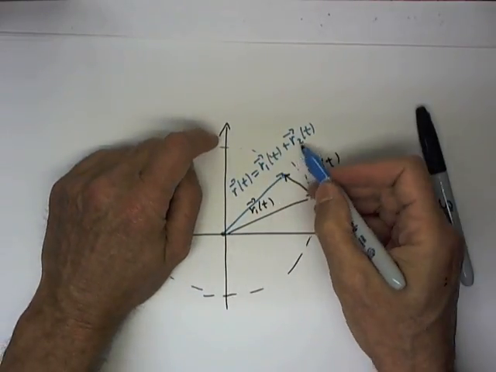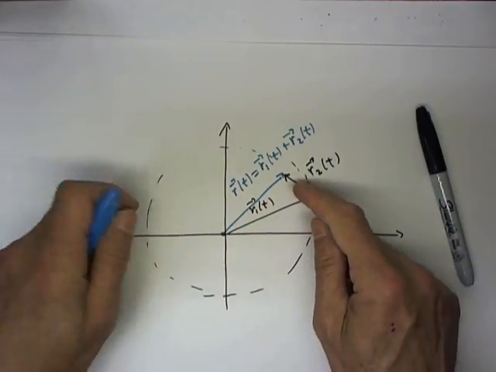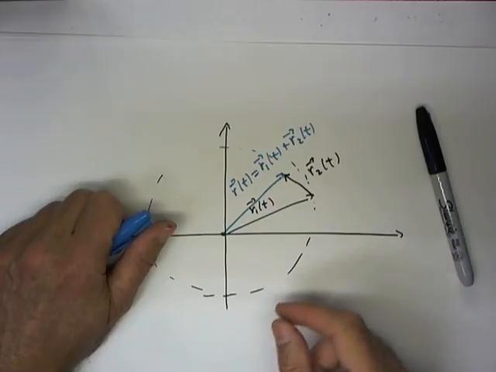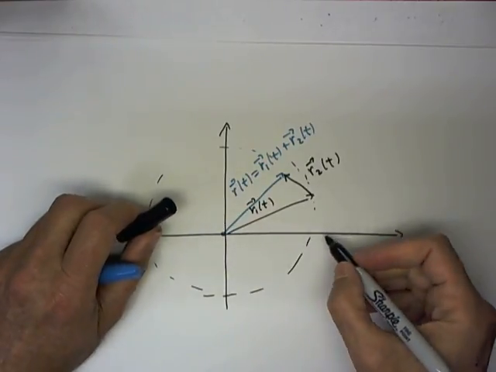And if we know r1 and r2 both as functions of t, we're going to be able to trace this point out. Now, the path might look something like this.